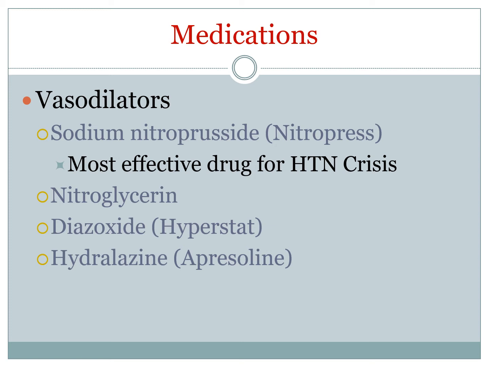While there are many medications that can be used to lower the blood pressure of a patient in hypertensive crisis, sodium nitroprusside is indicated and is the most effective drug for immediate reduction of blood pressure in hypertensive crises.